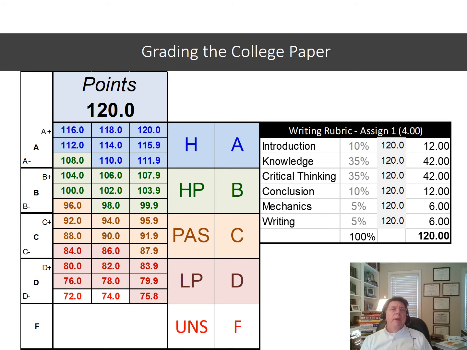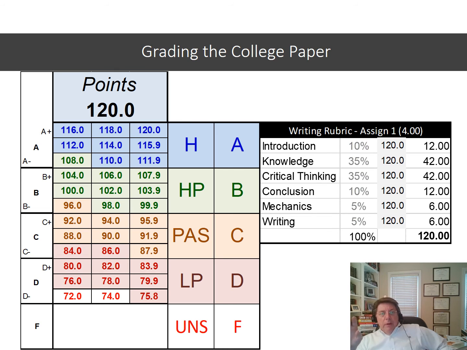Now let me go in briefly about how I will grade your college paper. Basically, it's along those key elements that I just outlined. I give so many points to your introduction. How well do you get the reader ready to jump into your paper? Then if you look at the body of your paper, I'm looking for your knowledge and your critical thinking about that knowledge.